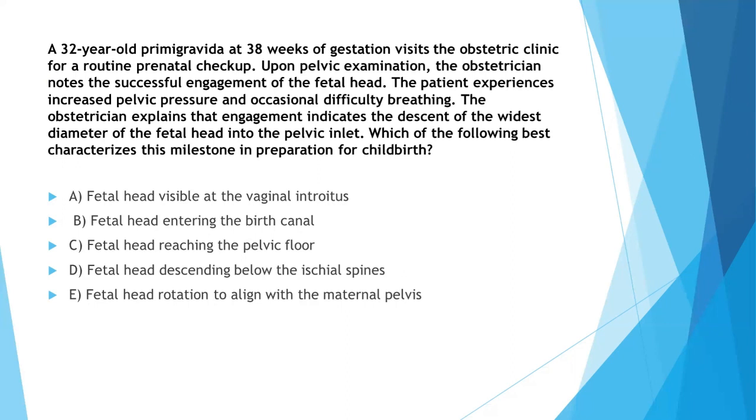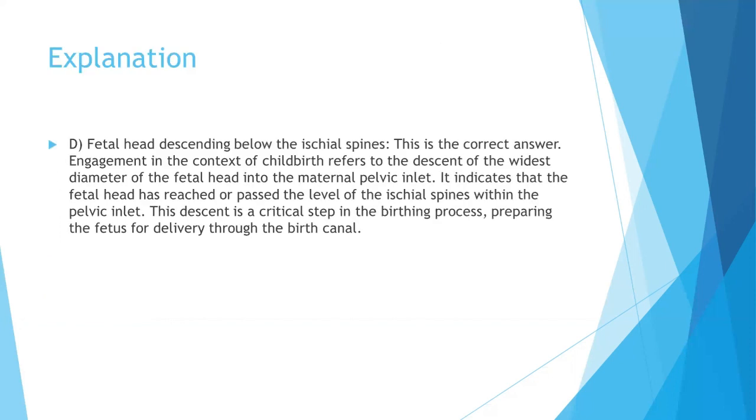The obstetrician explains that engagement indicates the descent of the widest diameter of the fetal head into the pelvic inlet. Now, which of the following best characterizes this milestone in preparation for childbirth? Fetal head visible at the vaginal introitus, fetal head entering the birth canal, fetal head reaching the pelvic floor, fetal head descending below the ischial spines, or fetal head rotation to align with the maternal pelvis.